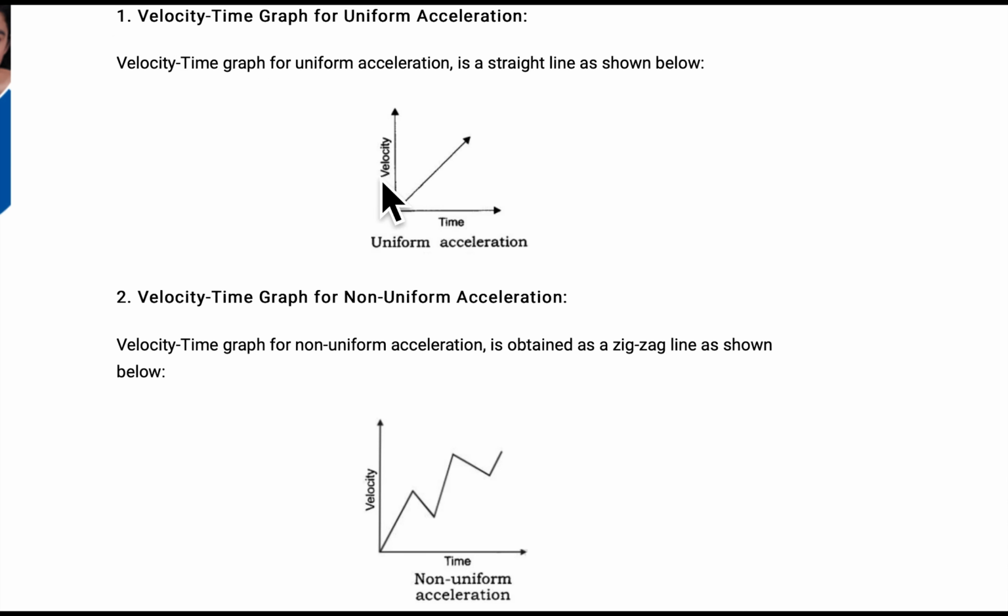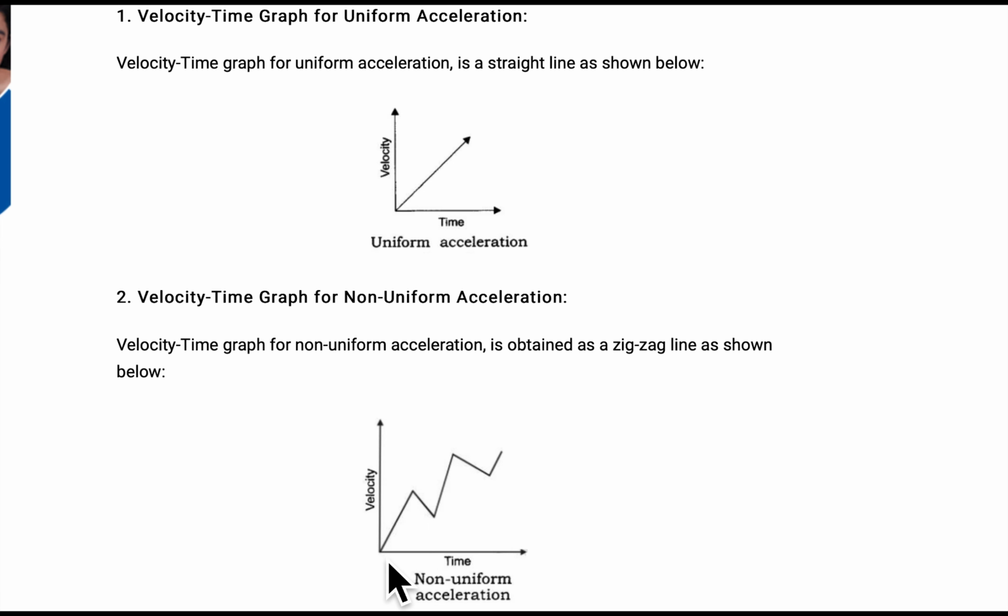This velocity time graph is showing uniform acceleration. Time is on x-axis and velocity is on y-axis, and it has initial velocity 0 because it is starting from this point. And see this graph.